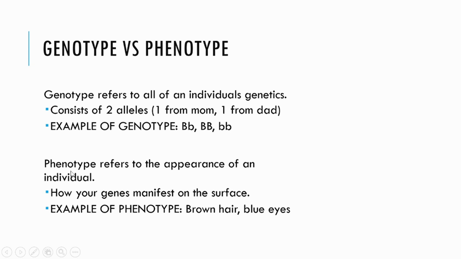Phenotype is the physical appearance of an individual. So you can think of genotype, G stands for gene, and P in phenotype stands for physical. That might help you remember it, but the phenotype is the physical appearance. This is what you look like. What is the outcome of the genes you have or of the alleles you have? So for example, you have brown hair or you have blue eyes would be your phenotype.